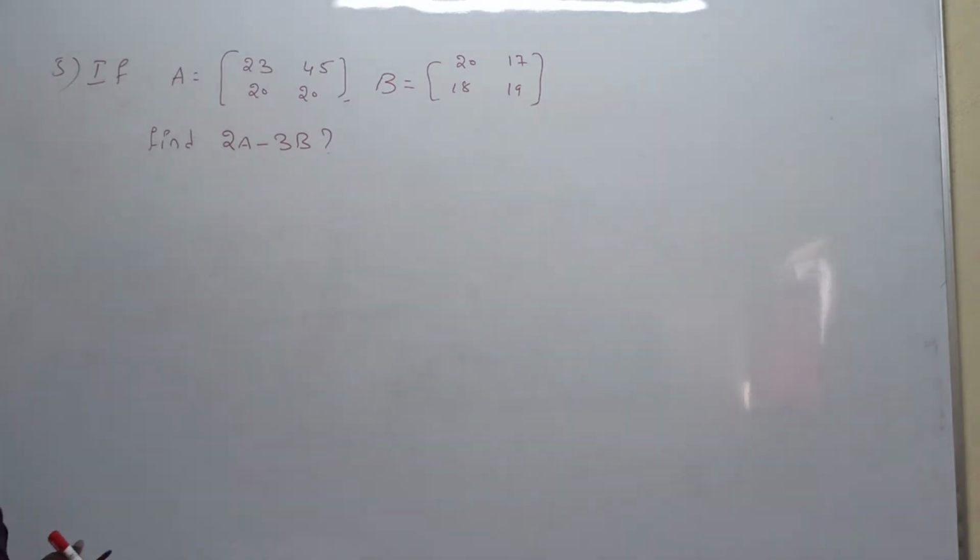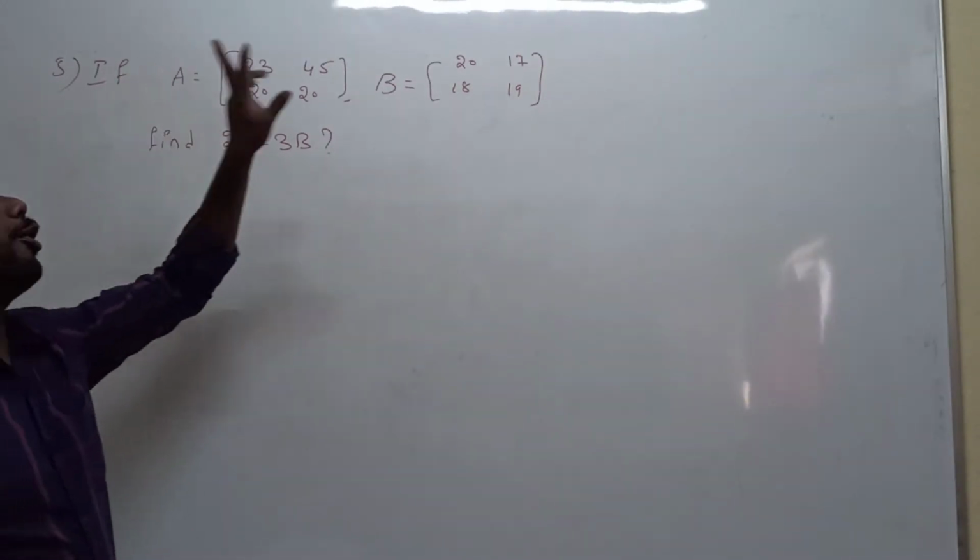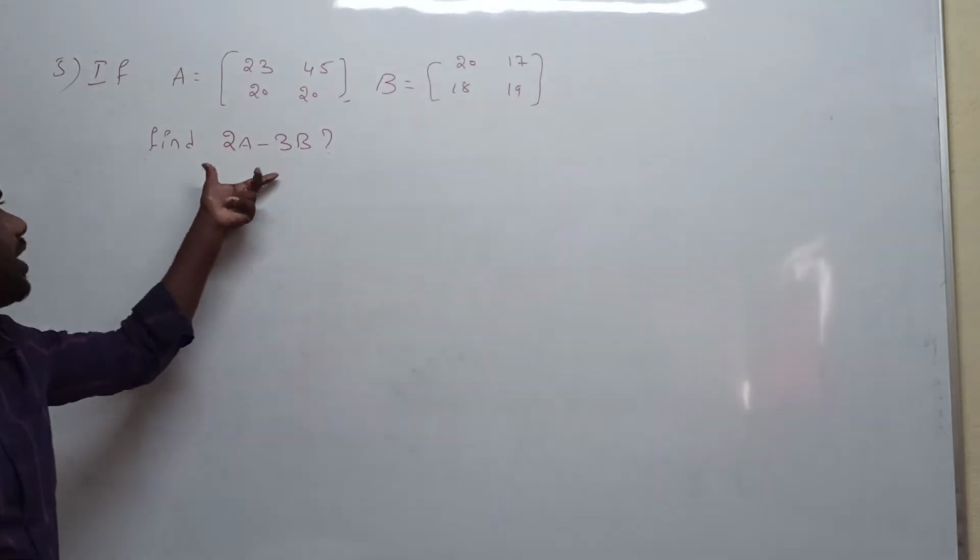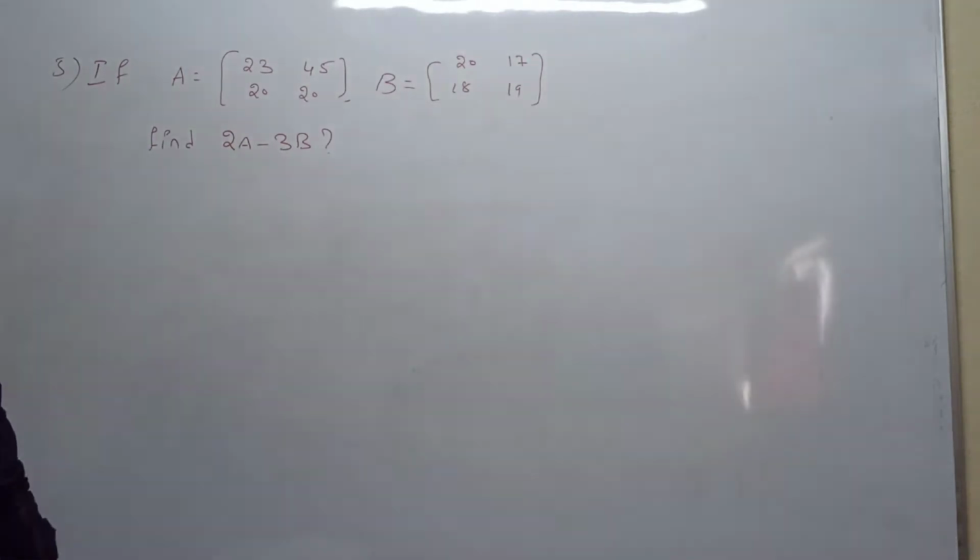What are they given? They gave the A matrix and B matrix to find the value of 2A minus 3B.